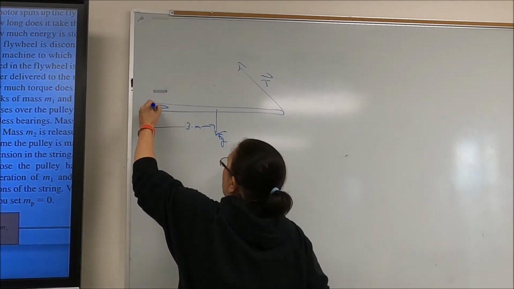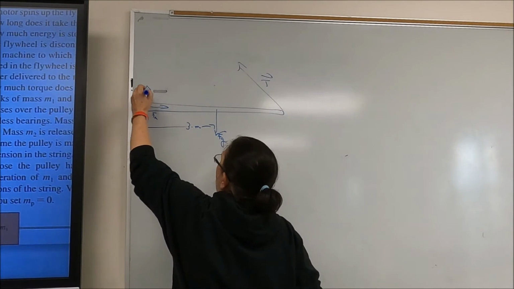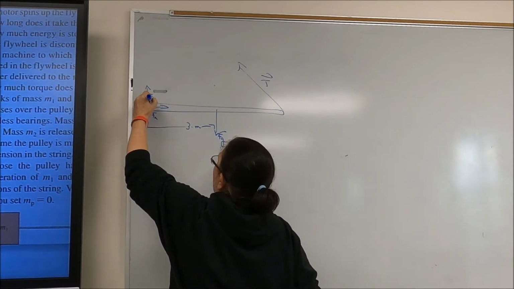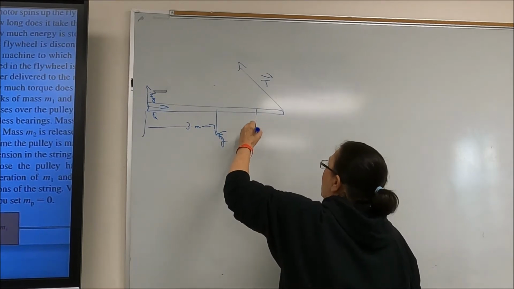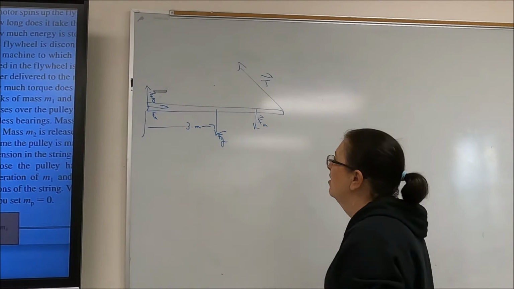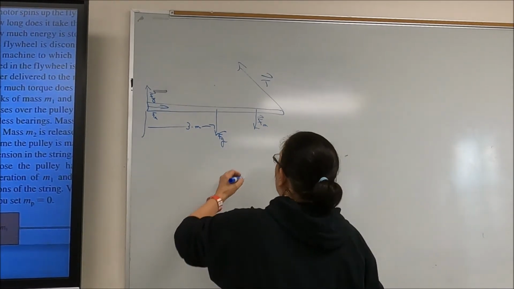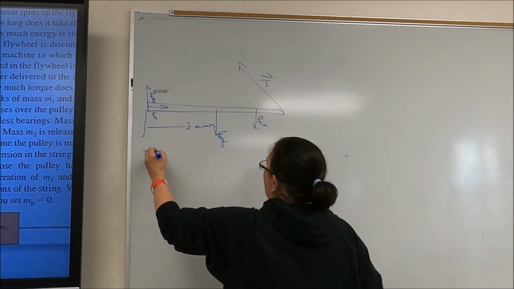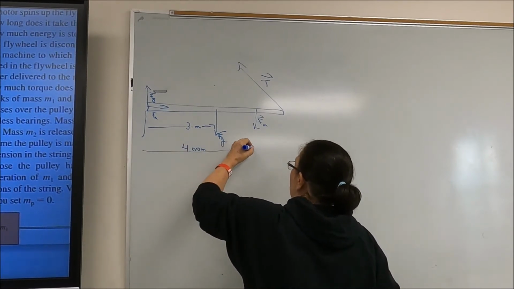The wall is going to push out a force X here. The wall should pull up force Y here. And there is force from the man. Okay, and he is 4 meters out.